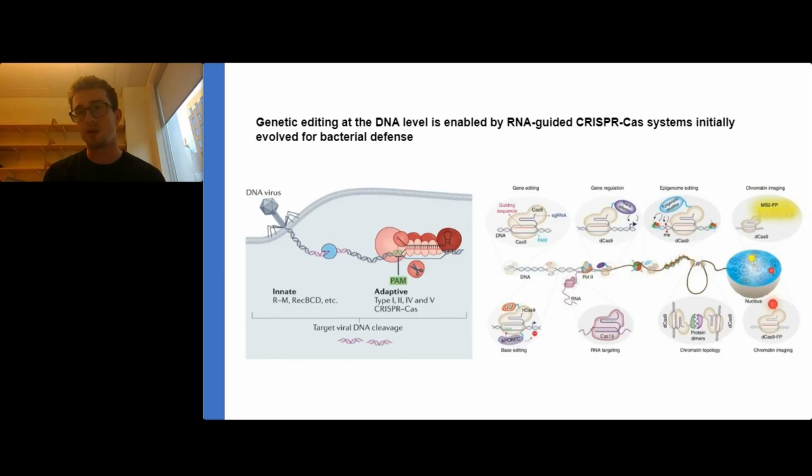If we look at the recent history of genetic editing and gene therapy, we've seen a gigantic range of editing modalities that have been made possible by these RNA-guided CRISPR-Cas systems that were developed in the early 2000s and 2010s.